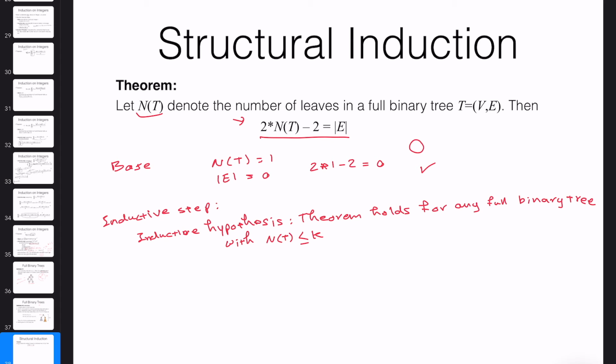We want to prove that it is also true for the trees with leaf nodes equal to k plus 1.